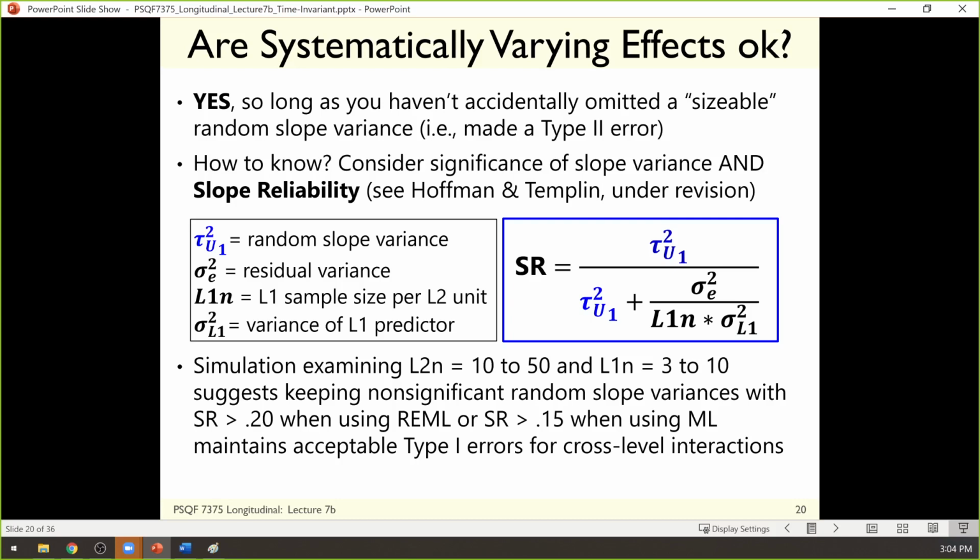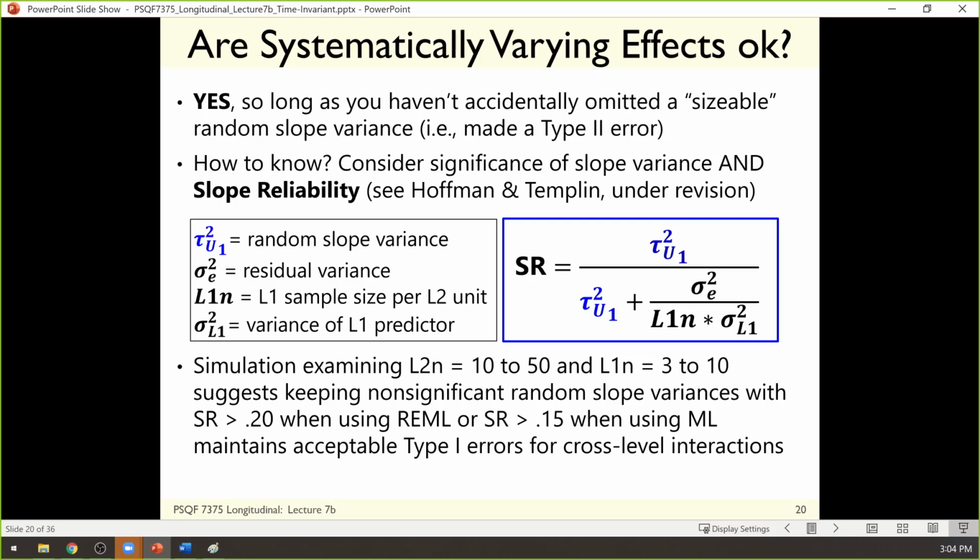In the simulation that I did, I figured out that if you use a metric of random slope reliability as your effect size for it, and you keep any random slope that is at least 20% reliable if you're using REML, or 15% reliable if you're using ML, that was sufficient to reduce type 1 errors being inflated in the design.